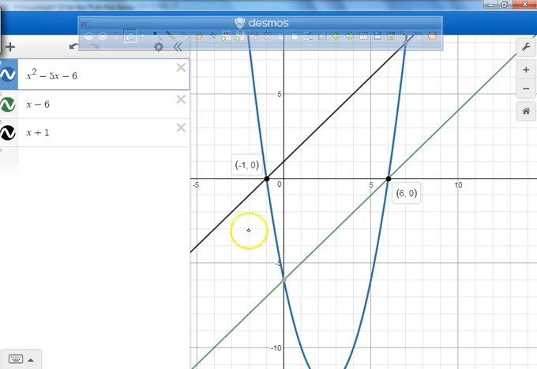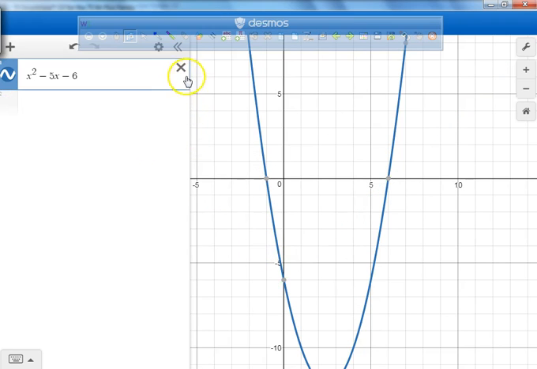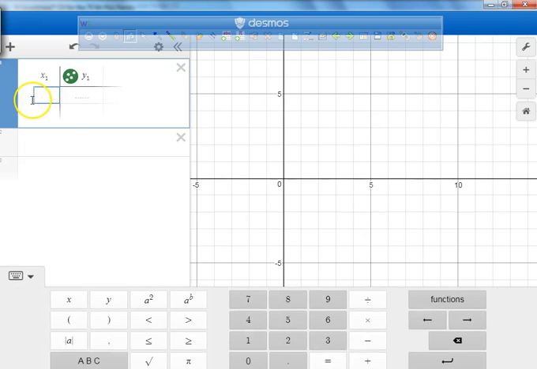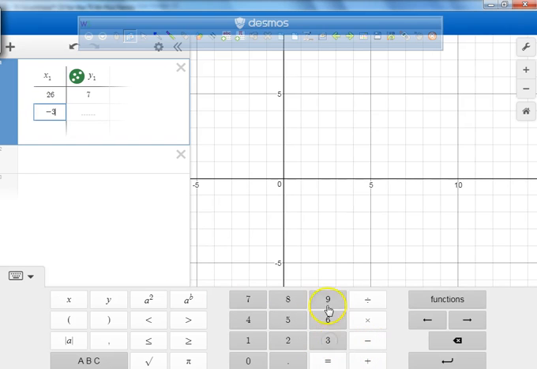Okay? In Desmos, I'm going to clear this out. What can we do? We can make a table. And tell me the ordered pairs again. Help me out. 26, 7, negative 39, and 12. Okay?